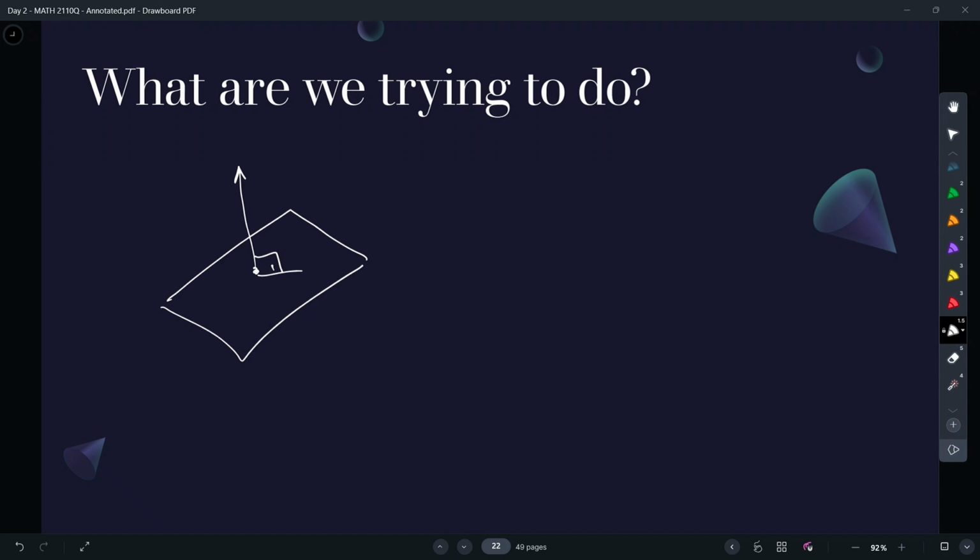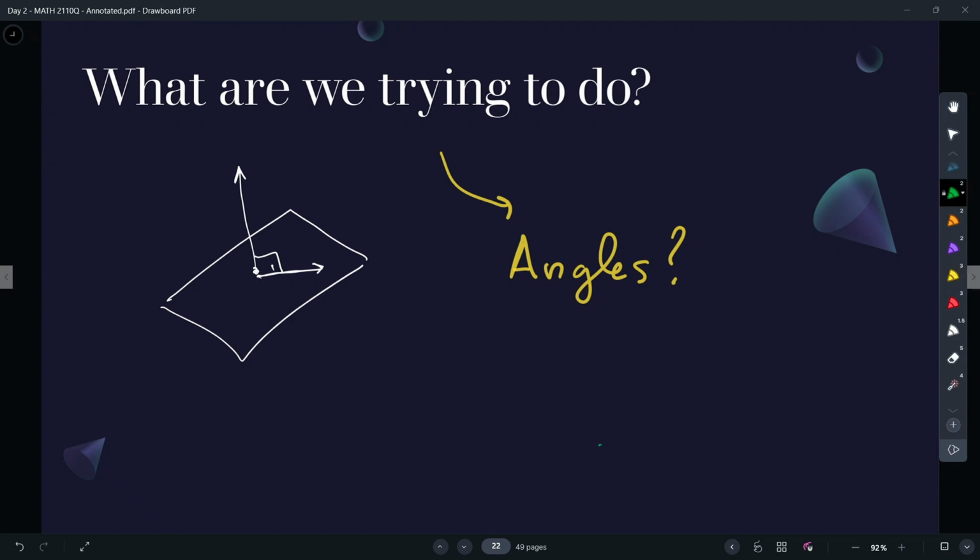So what do I need to know? Actually, if I extend this little line I drew here so it's a vector in the direction of the plane, I can tell if two vectors are perpendicular if I can measure angles. So what we need now is to know what is the angle between two vectors.